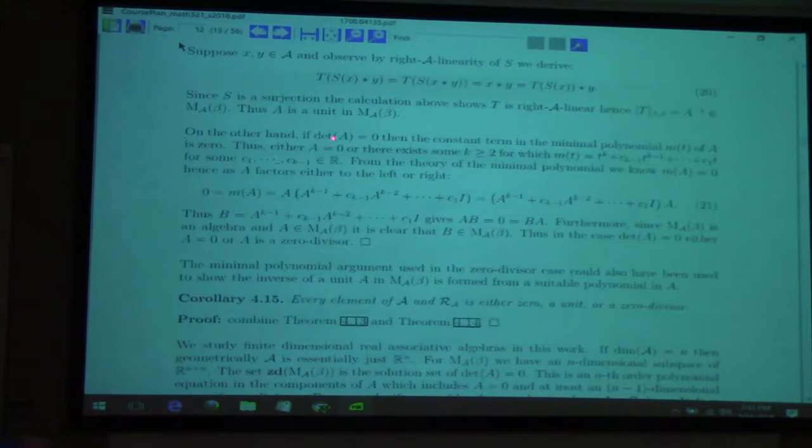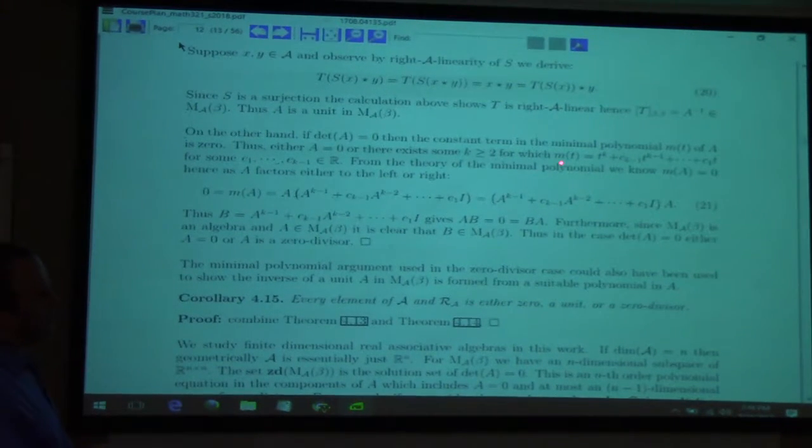If the determinant is 0, that means 0 is an eigenvalue, which means that when you look at the minimal polynomial, m of t has to have a t minus 0 term in the factorization, which is to say that you can factor t out, which is to say that there is no constant term except for 0.